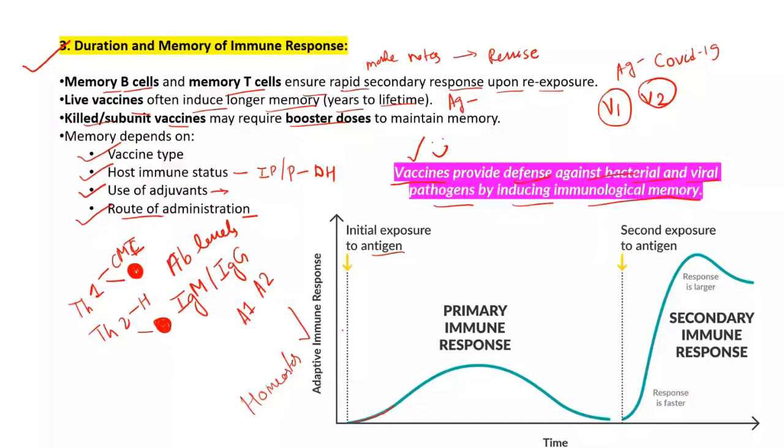So जब वो recognize कर लेते हैं कि हाँ कुछ आ गया है, अब हमें activate होना है, तो वो response generate करते हैं. So you can see एकदम बेसलाइन को टच कर रहे हैं, यानी एकदम जीरो होता है जब वो एक्सपोजर इनिशियल हो रहा है तब. But once it is recognized by APCs, वो क्विकली इम्यूनोलॉजिकल रिस्पॉन्स जनरेट करता है.